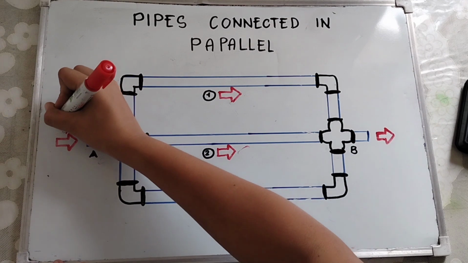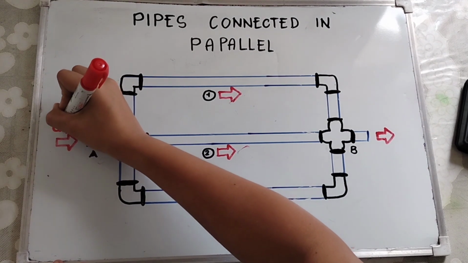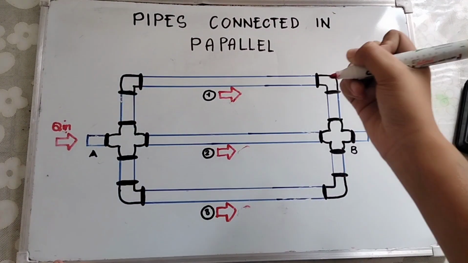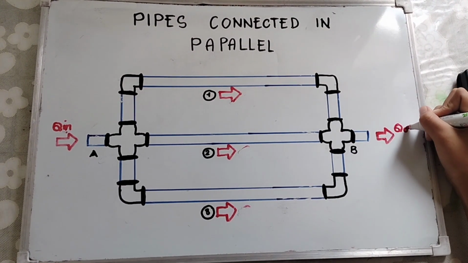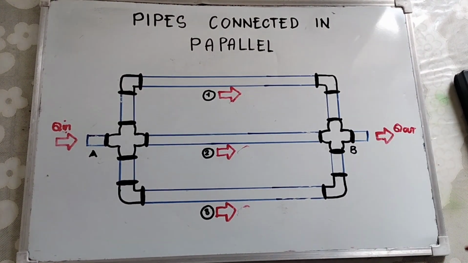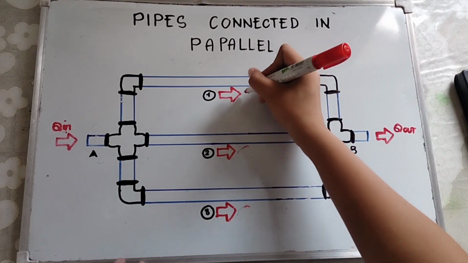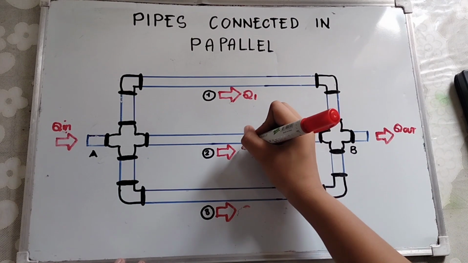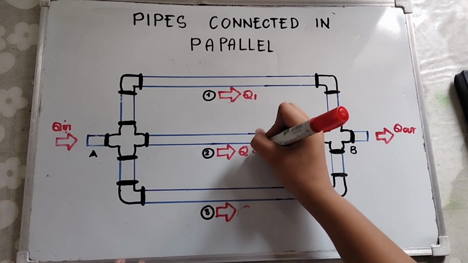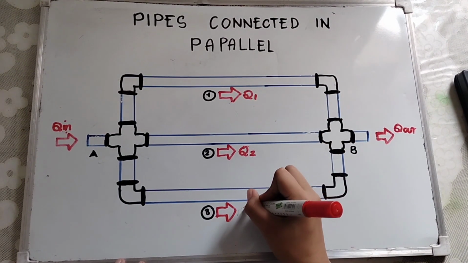This is an example of a parallel pipe or parallel system. Of course, we have Q in, or the discharge that goes inside the pipe, and Q out, which is the discharge that goes outside of the pipe. We also have Q1, Q2, and Q3, which generally means the discharge in pipes 1, 2, and 3.